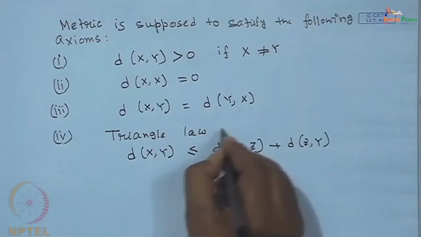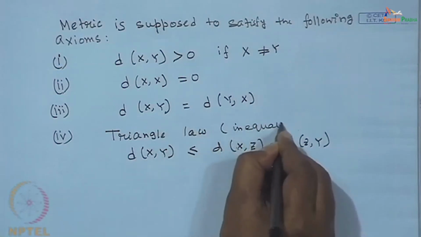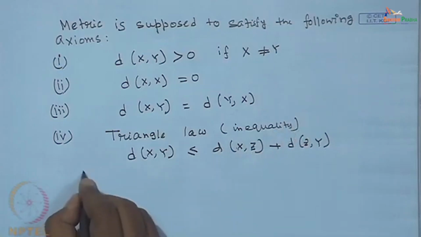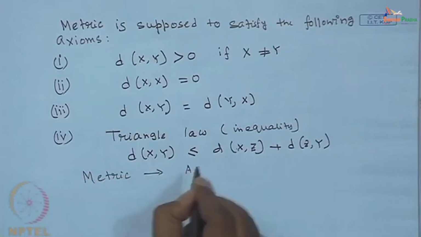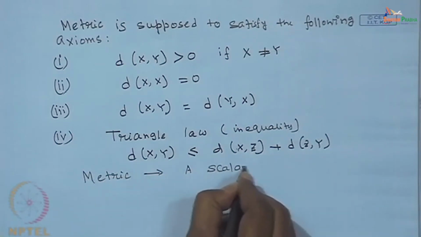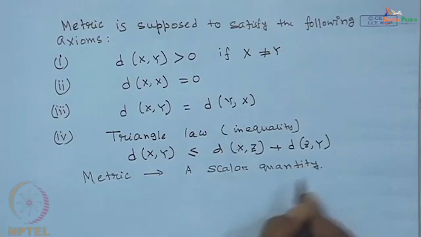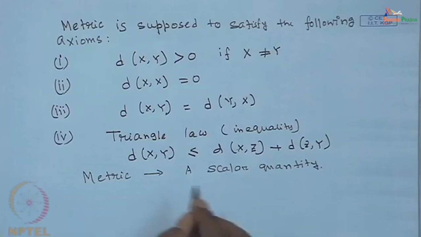This is also known as the triangle inequality law. Therefore, we have understood that the metric is nothing but a scalar quantity. So, it is a scalar characteristic defined between two vector quantities.